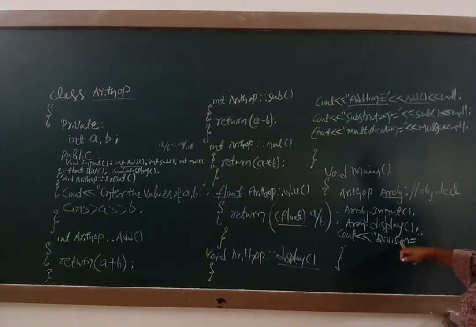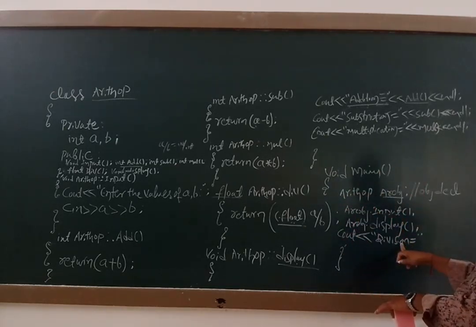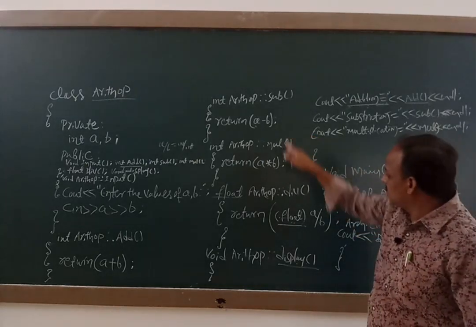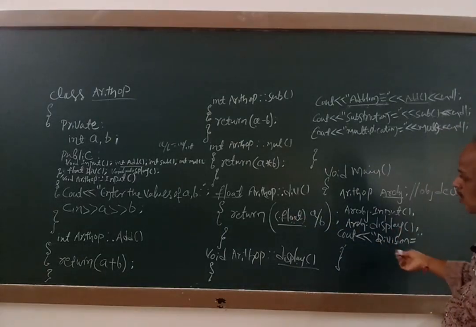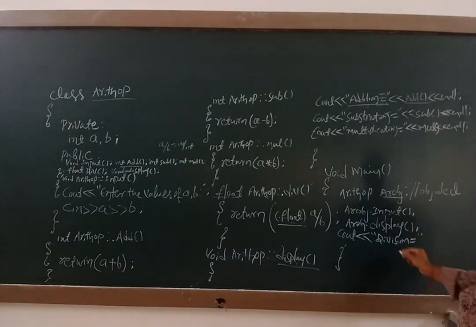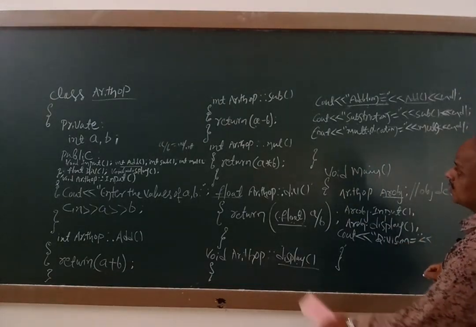Here we are not in a member function, we are in the main function. That's why, for division is equal to, don't write the div function directly, because we are in the main function. How to access this member function? Object dot function.